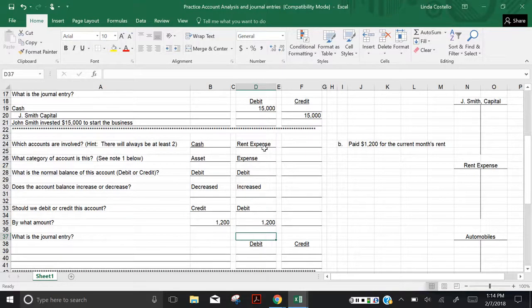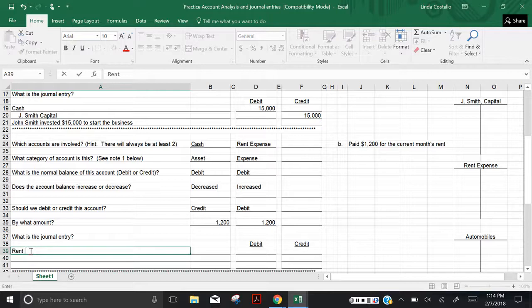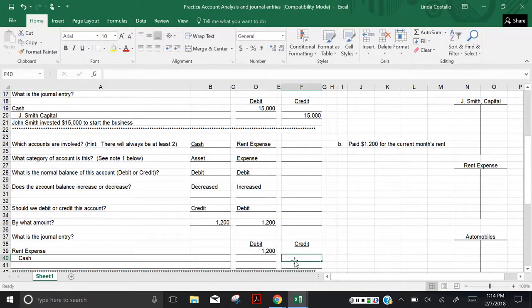So we're going to start out with writing rent expense, debit, $1,200. And we're going to credit cash, $1,200.